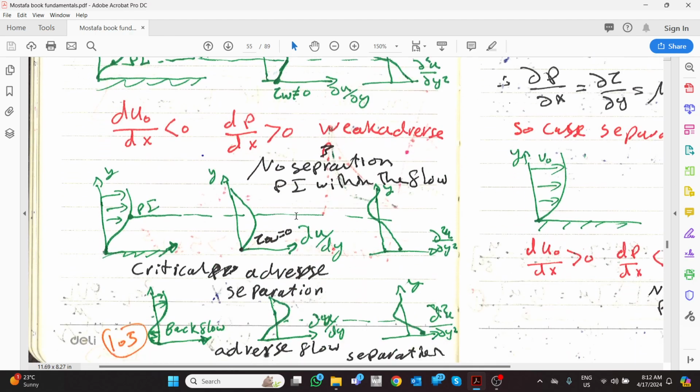here, the wall shear stress is equal to 0, because du/dy becomes 0, because the flow starts to make like this. Before, the flow is like this.